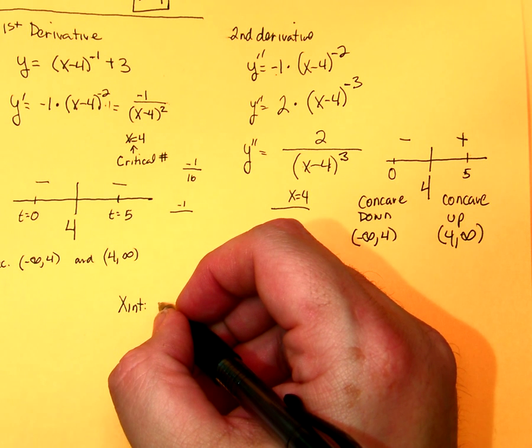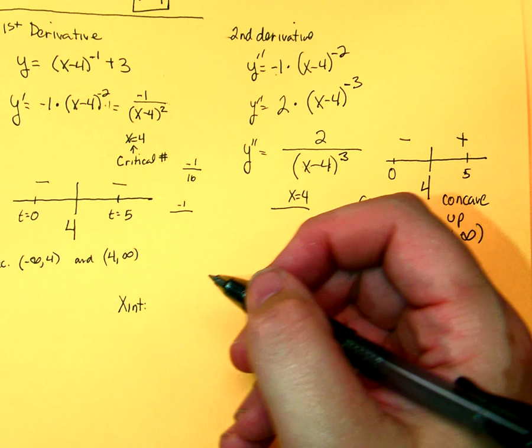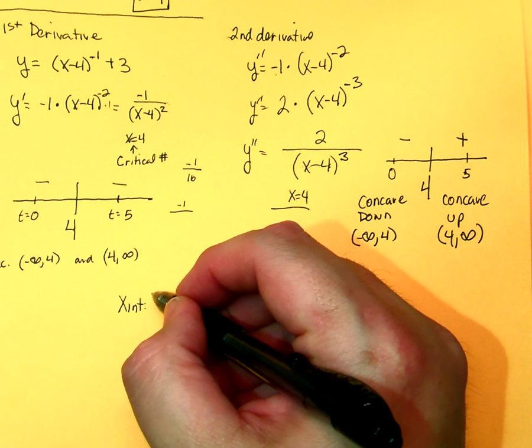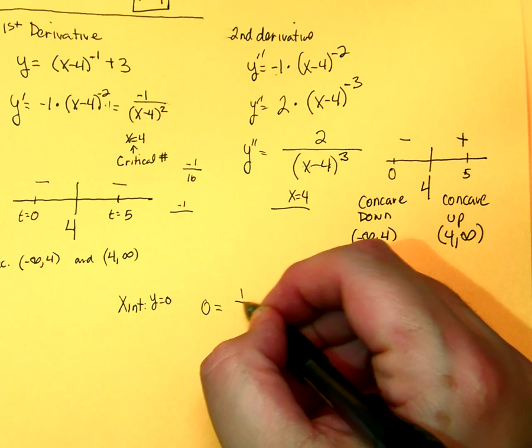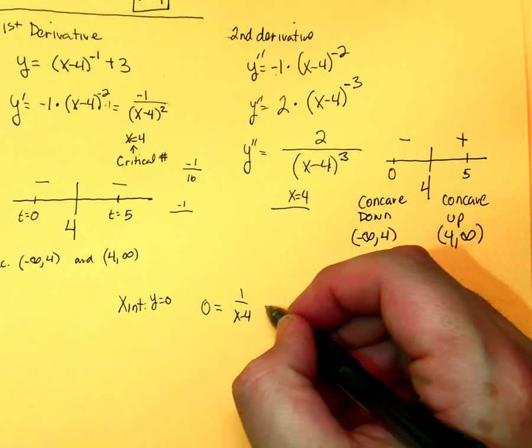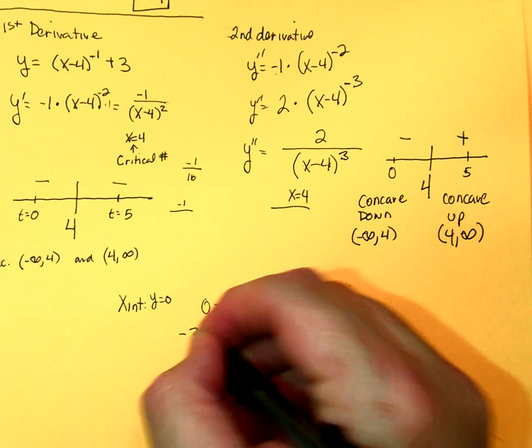Where's the x-intercept? X-intercept is where y is equal to 0, correct? So I put 0 is equal to 1 over x minus 4 plus 3. So subtract 3 from both sides. I'll do that.